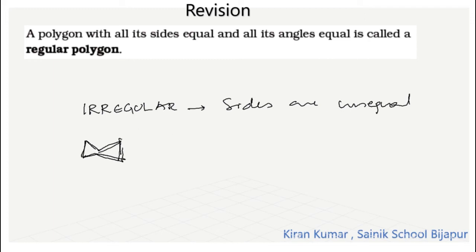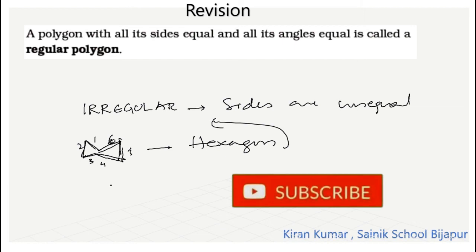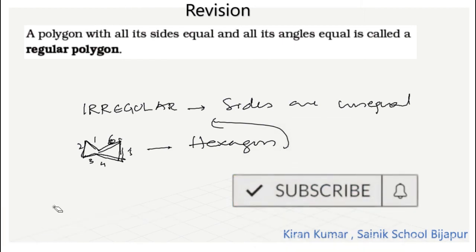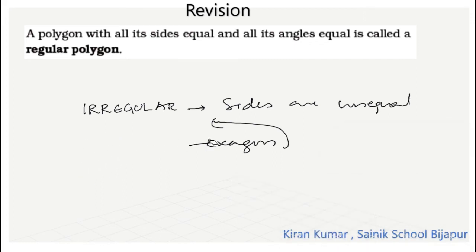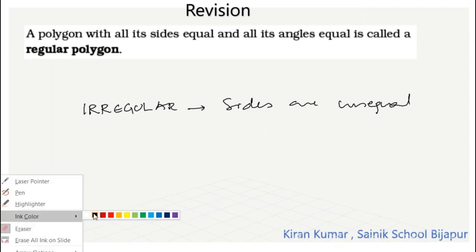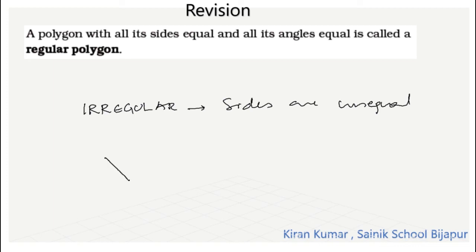This has 1, 2, 3, 4, 5, 6 sides. It is a hexagon, but an irregular hexagon. In examination, if the question is to name the smallest polygon which is irregular, then you have to give an example of this type of figure.